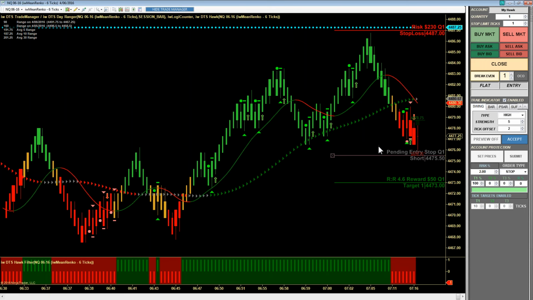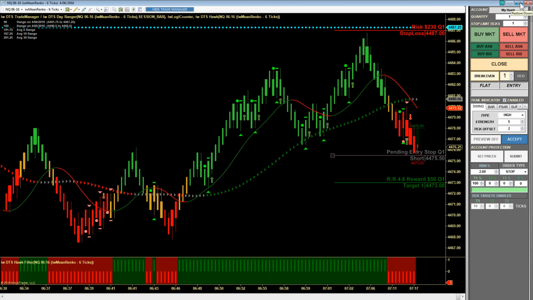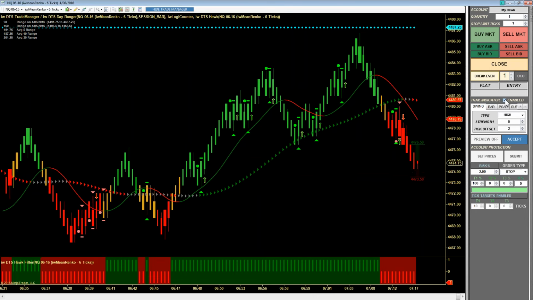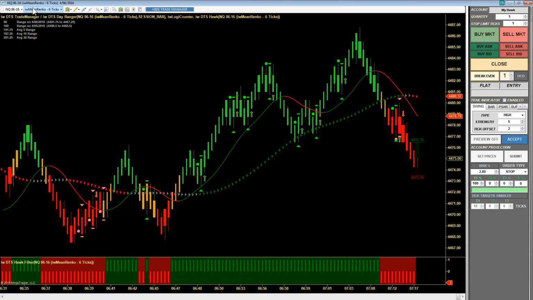Dan asks, what is the difference between Renko versus tick versus time bars? Well, let me say that the DTS system, here I'm going to scrap this so I can show you. The DTS system actually works on, you can put it on a time chart if you want.